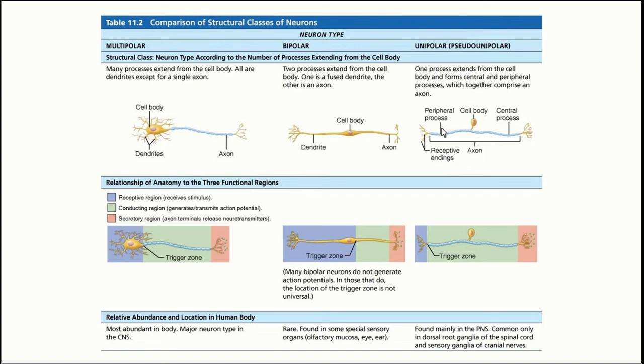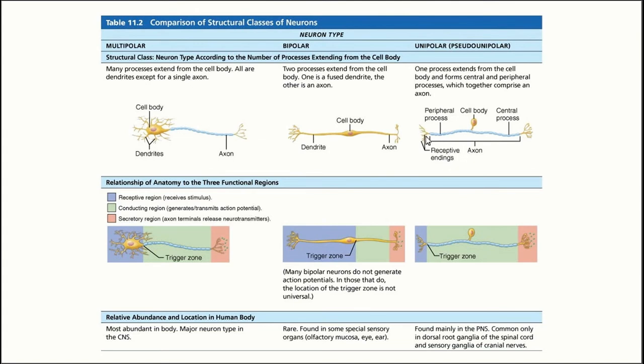The peripheral process actually connects to the receptive endings, or the receptive regions of the neuron. The receptive endings essentially function as dendrites. So even though they're not called dendrites in this diagram here, they function as dendrites. That is, they are detecting stimuli and they are creating graded potentials that can then trigger this axon to create an action potential.